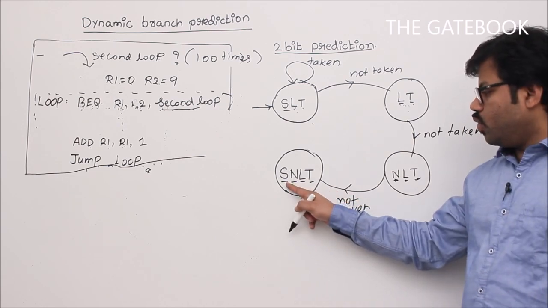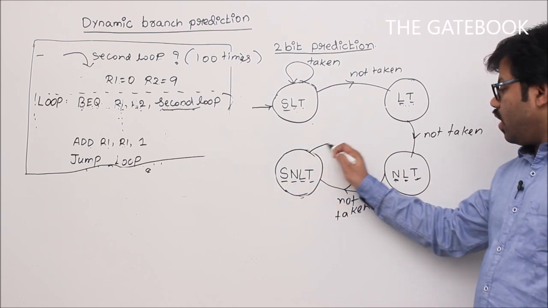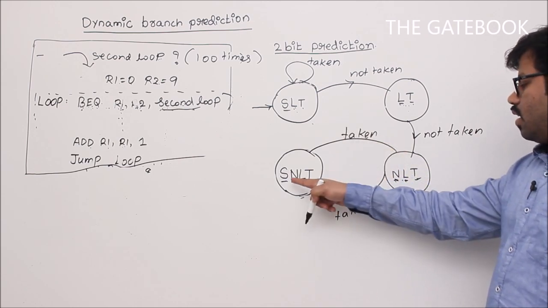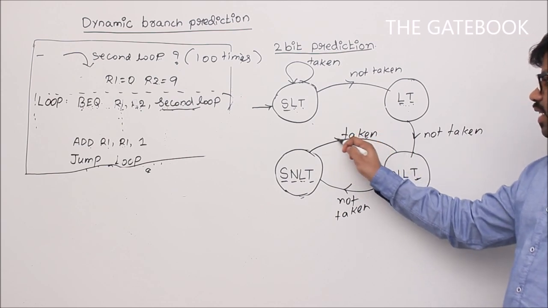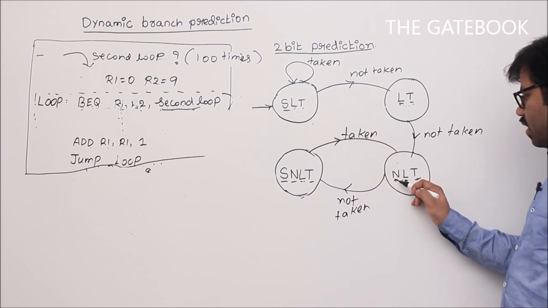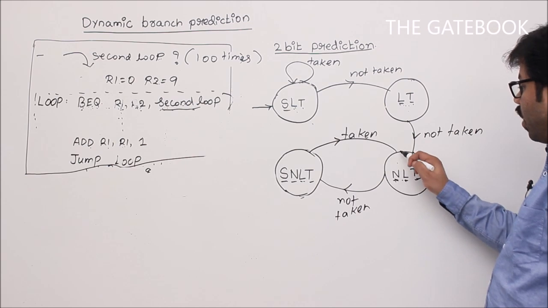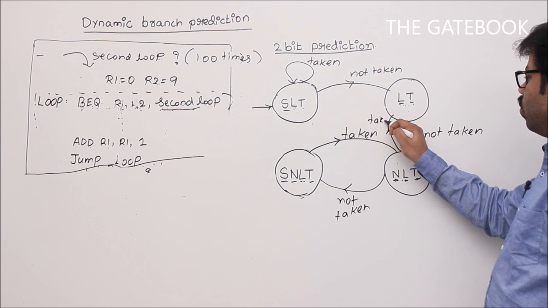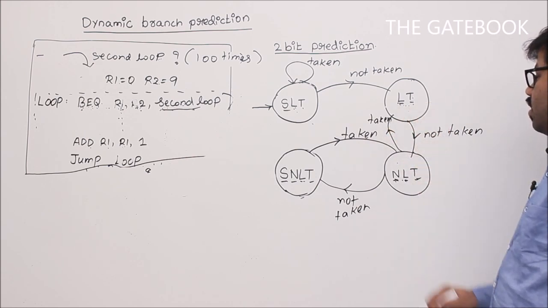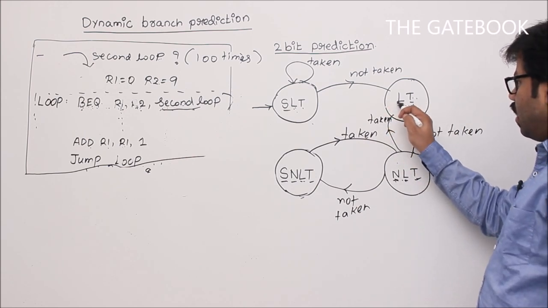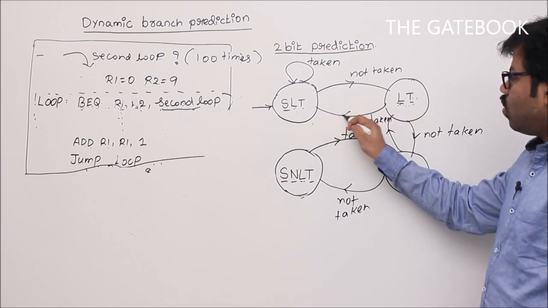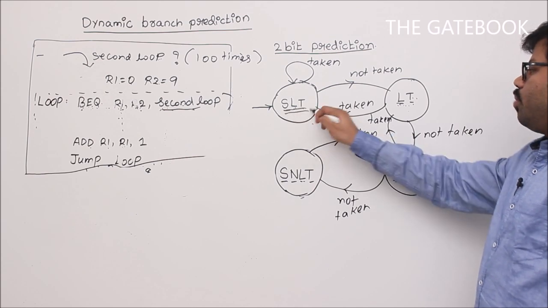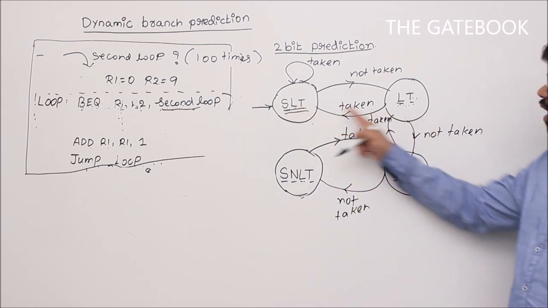Now when you are in this mode, you will come to this state if the opposite result comes. That means you are saying not likely to be taken, but branch is taken, you will come here. When you are in not likely to be taken and the outcome is taken, then you will come to the likely to be taken state. When you are in likely to be taken, again one more outcome comes with taken, then you will strengthen your opinion. That means you will come to strongly likely to be taken.